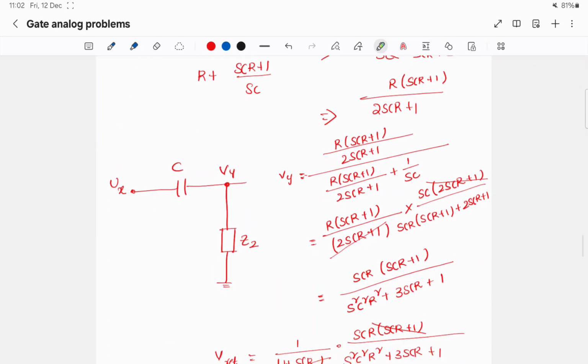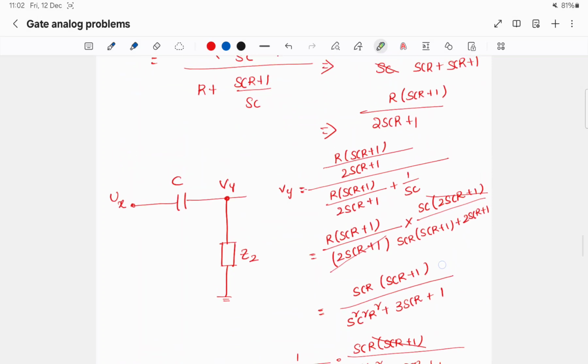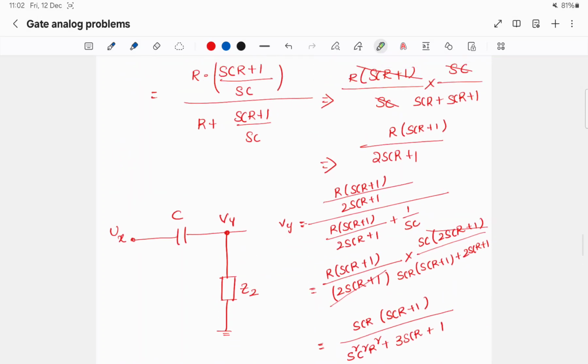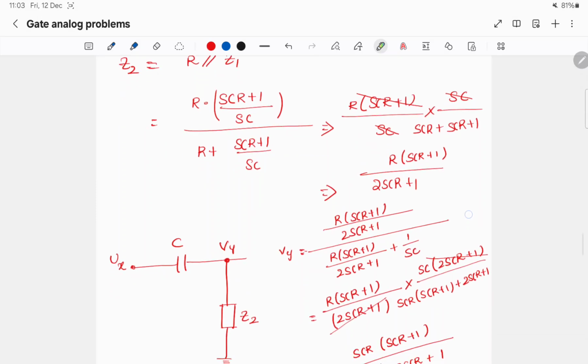If we simplify this, we will get R into SCR plus 1 by 2 SCR plus 1.